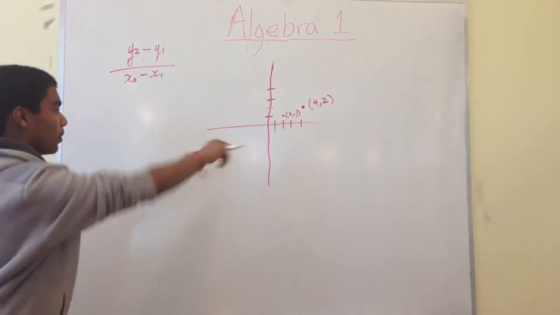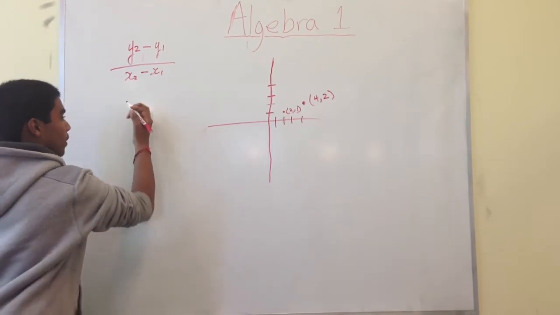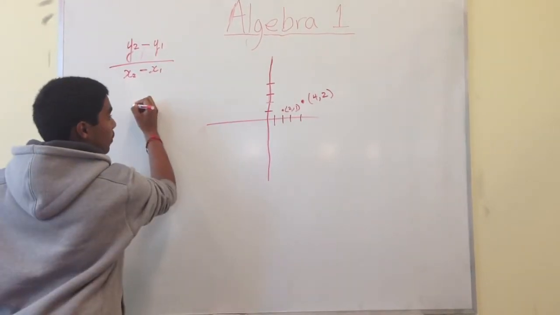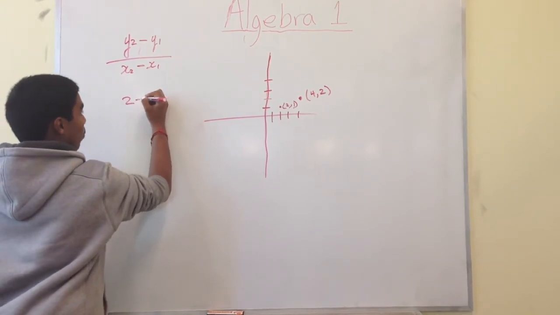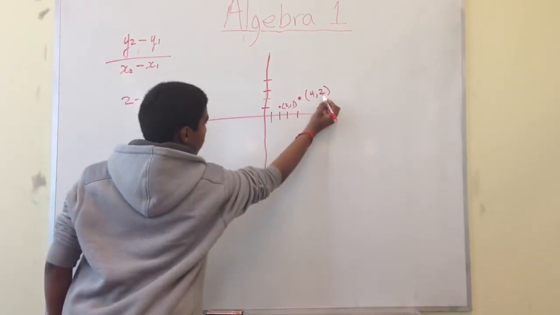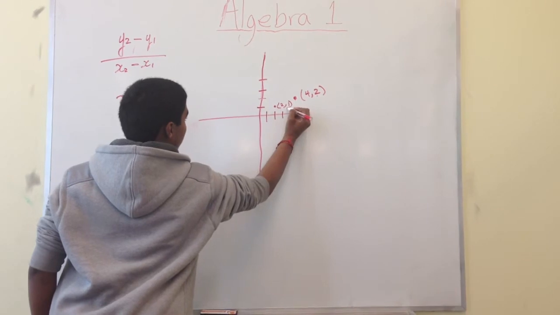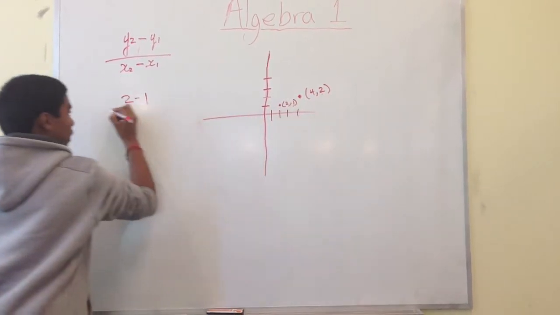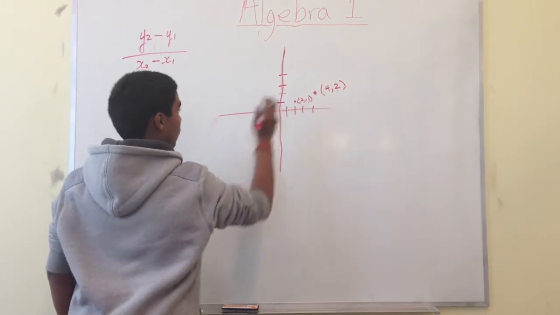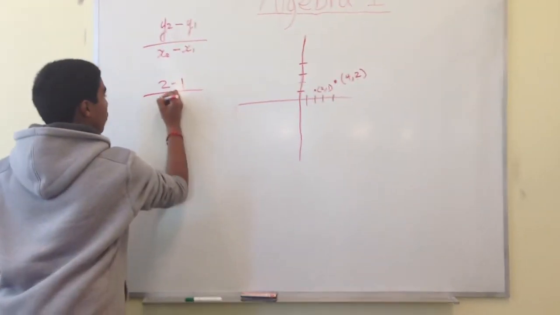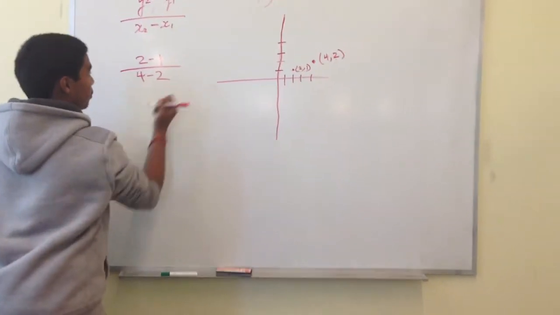And so, what this would look like is 2 minus 1, because this is y2, this is y1, and 2 minus 1, and the bottom would be 4 minus 2.